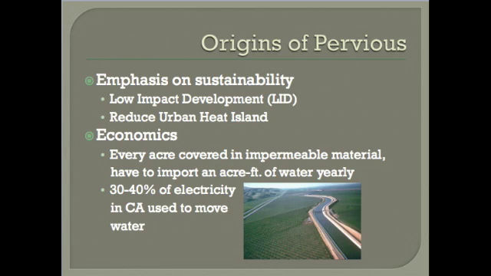In California, 30 to 40% of electricity is used to move water north to south. As energy becomes increasingly more valuable, the natural thought is that if metropolitan areas can retain some of the natural water that falls on them, it could mean a huge energy and thus monetary savings for the state of California and consumers.